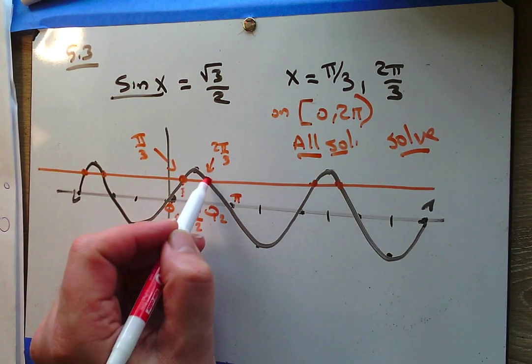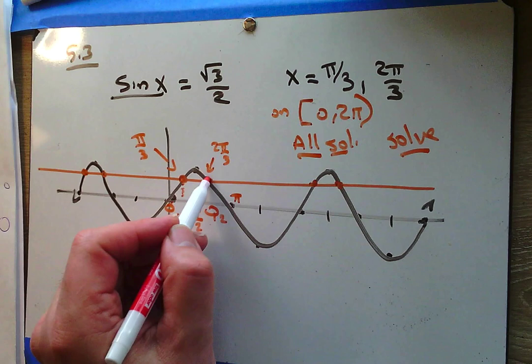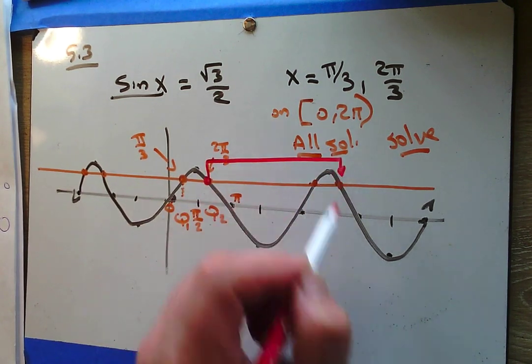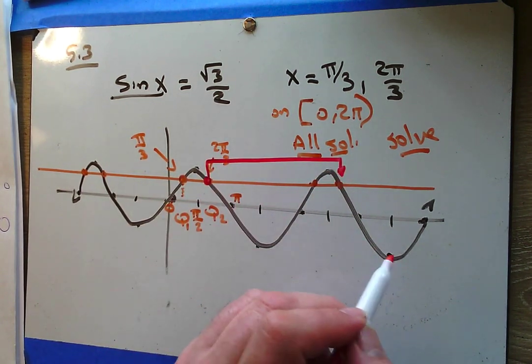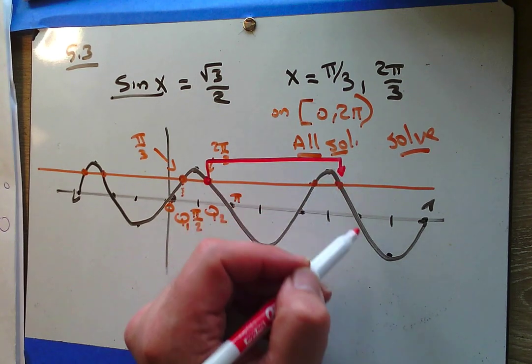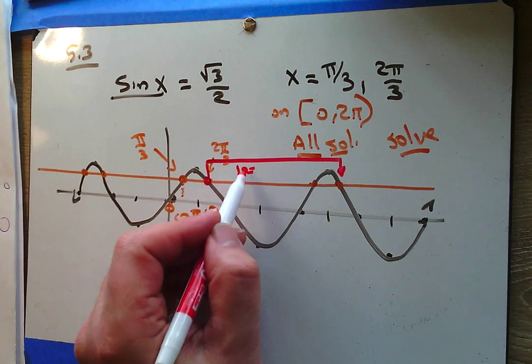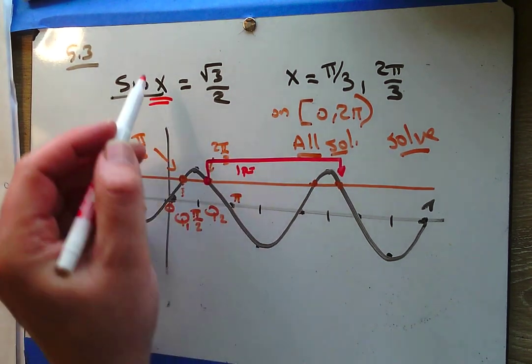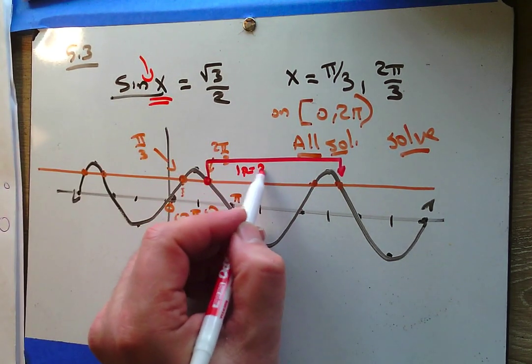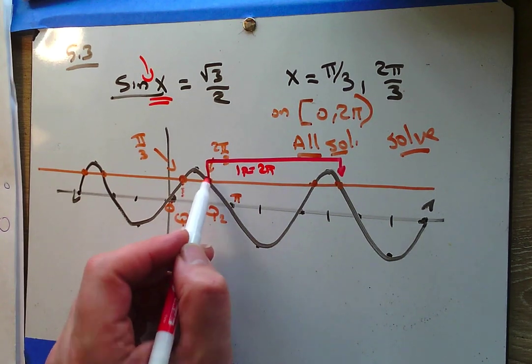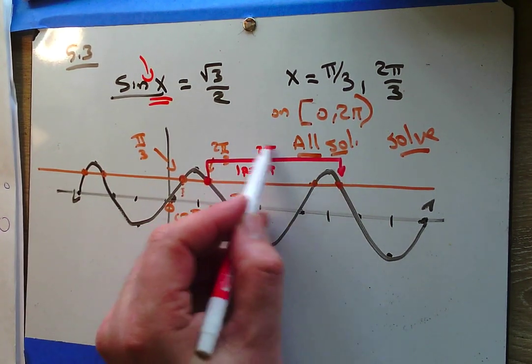How far is it from this point on this downslope to one that looks just like it, the next solution, also on that downslope? Well, that would be 1 period. And since the period of this sine graph, there's no b value here, is 2 pi, I know the distance from this point to this point is 2 pi.